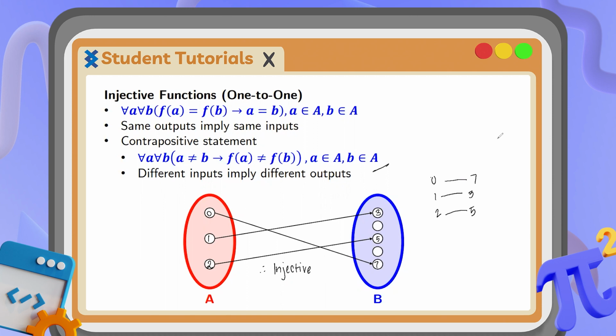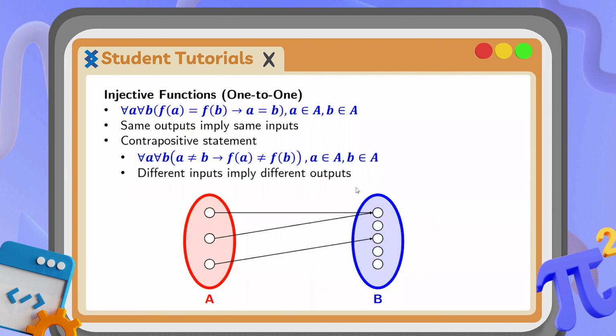So let's have some other examples. Here we have, let's say again, elements 0, 1, 2, and then this one would be 3 and 5. So 0 maps to 3, 1 maps to 3, and 2 maps to 5. Let's follow this contrapositive statement over here. If your inputs are not the same, then that means that their outputs are also not the same. However, this would actually be false.